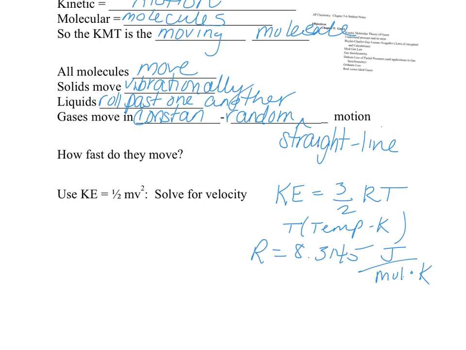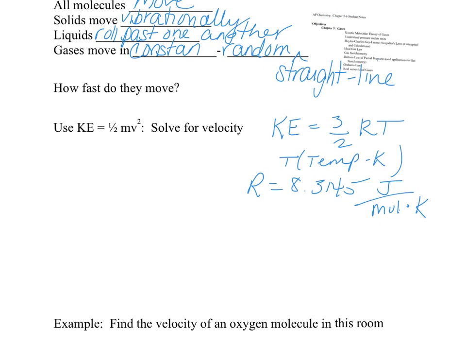Now, there is another gas law constant, which I'm going to tell you about right now, and that is 0.0821. But the units for that are liters dot atmosphere per mole dot Kelvin.